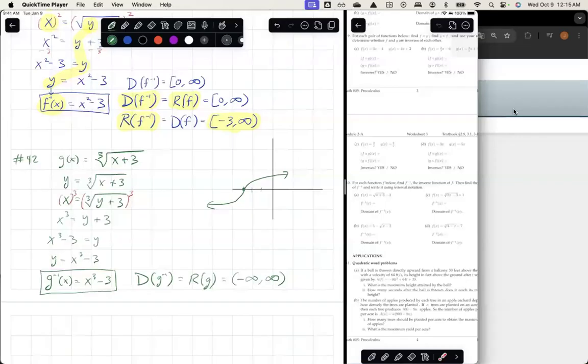All right. And if we inverted this, let's see here. The function g inverse, x cubed minus 3, well, that's 1, 2, 3 units shifted vertically down, and it would look something like this. These are just sketches, of course.